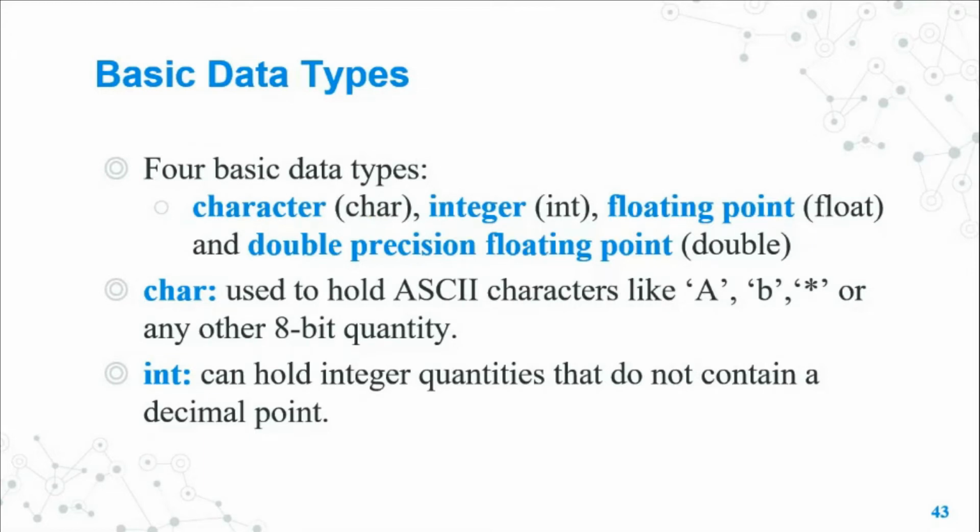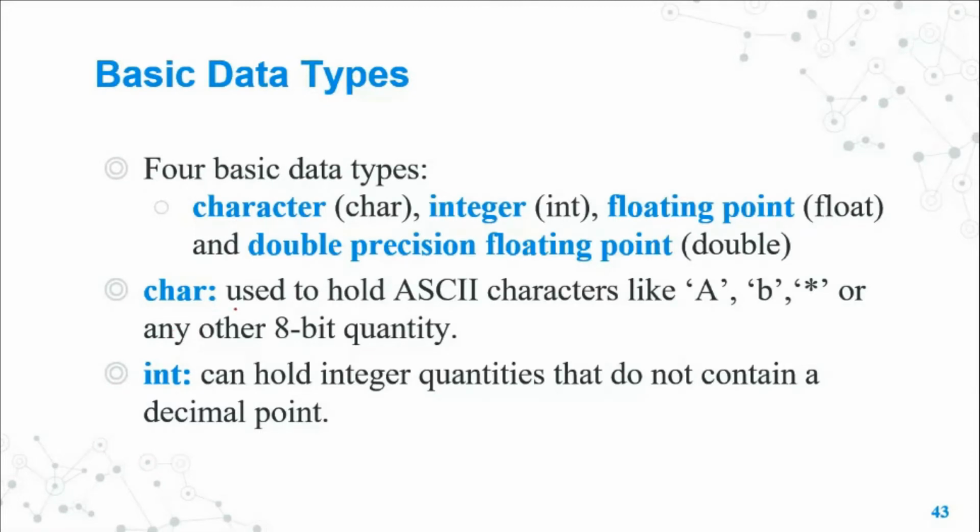A character can be any literal or any symbol that is available in our character set. Then integer, that is int, then floating point, float, and double precision floating point, double. So these are the four basic data types that are available.